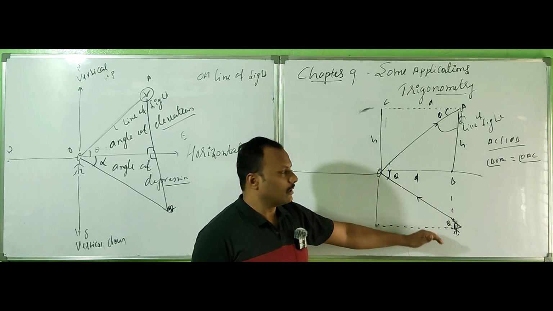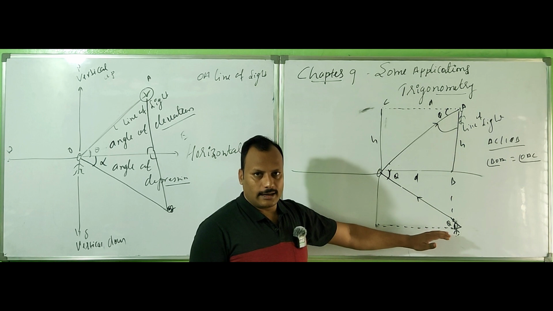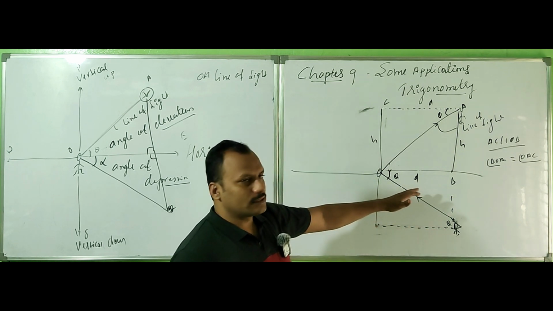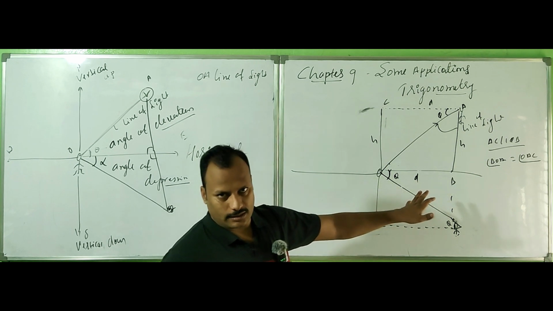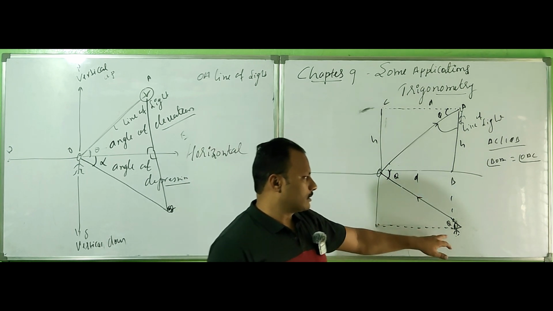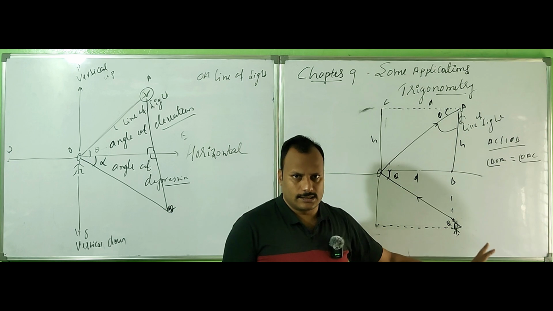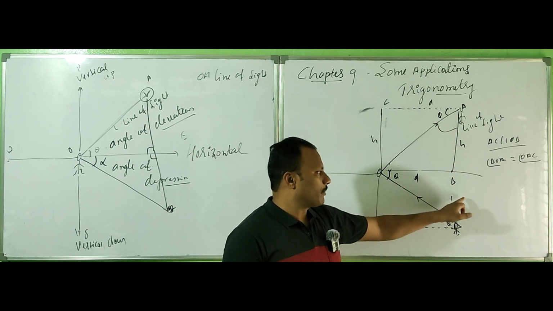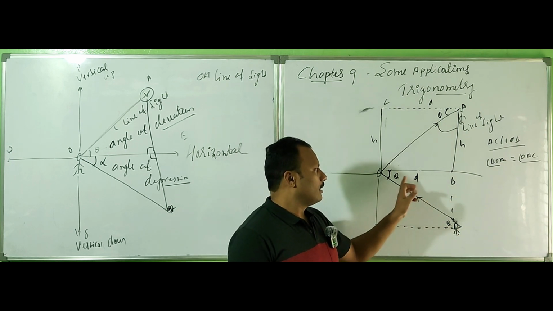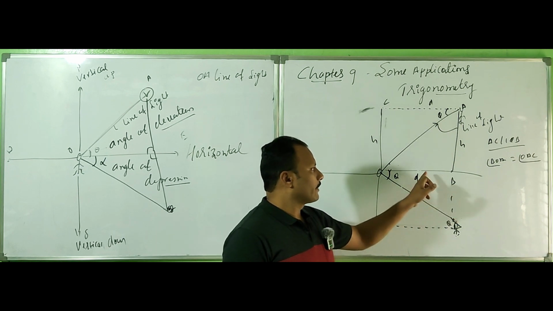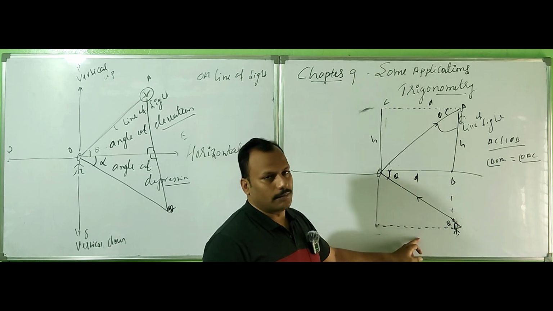The line of sight makes an angle with this horizontal surface, but this is only a reference line. Still you get the same answer, because sin theta is equal to opposite by hypotenuse, and tan theta is equal to opposite by base.